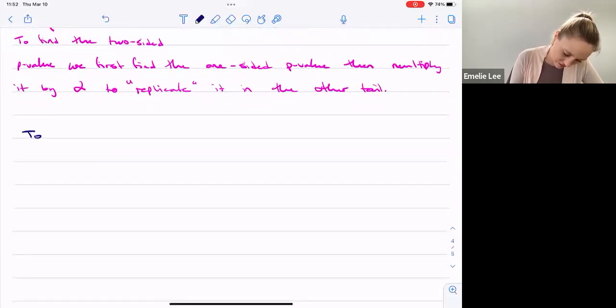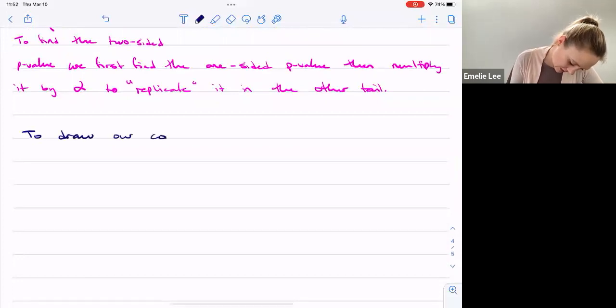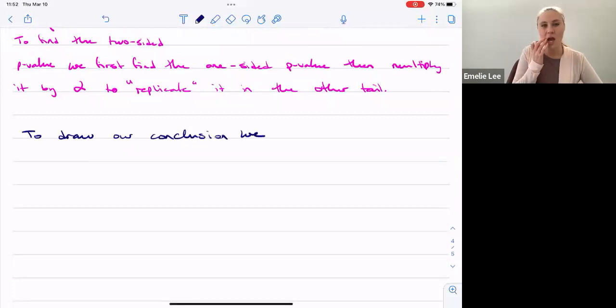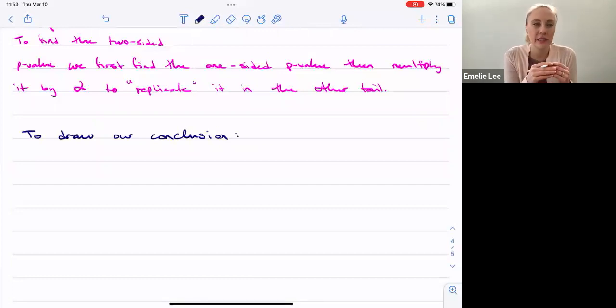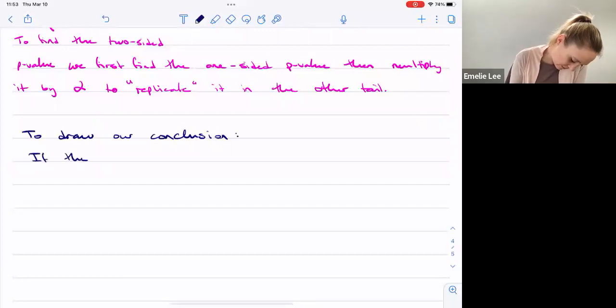So to draw our conclusion, if the p-value is small enough, right?